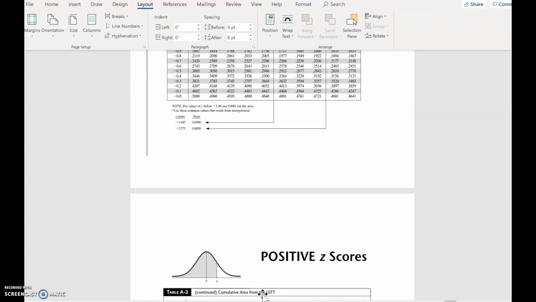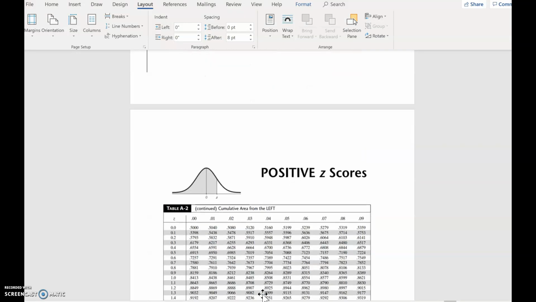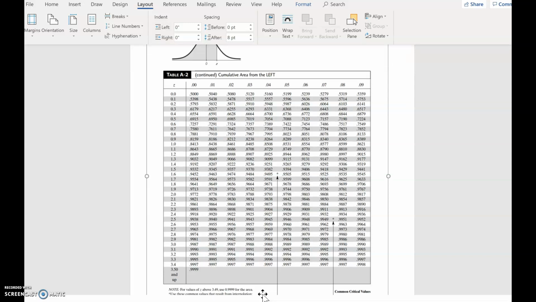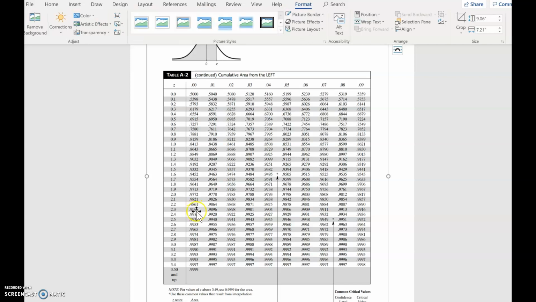You could start on the left with negative z-scores, but 2.3 is positive. So that means you're going to be here. 2.3, you're going to read it like this. So technically this is in the row of 2.3. We're looking here, and that is your value. So it's going to be along the column of the 0.00. So that would be 2.3, 0.00. So 0.9893, which I have here.